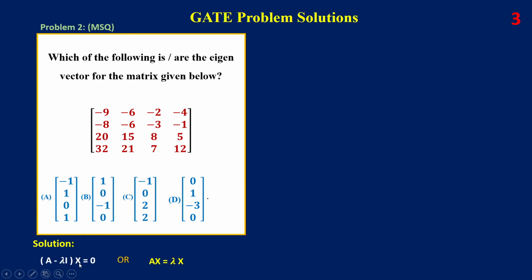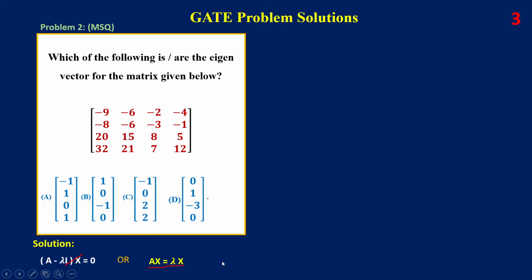That is a very lengthy process, so it is better not to select this formulation for this type of question. For a 4 cross 4 or 3 cross 3 matrix, we can use Ax equal to lambda x itself. Like the previous problem, we can check with the options itself.